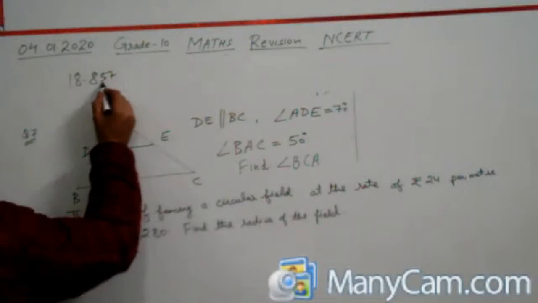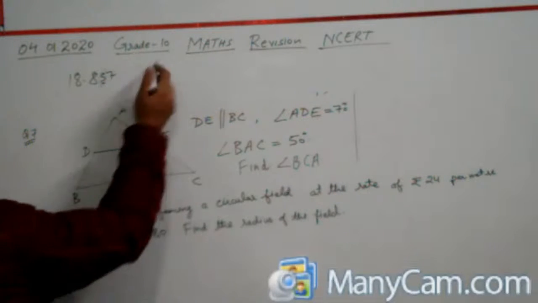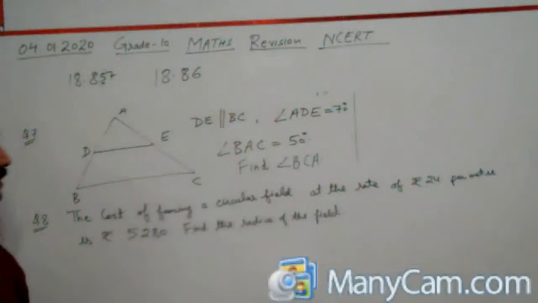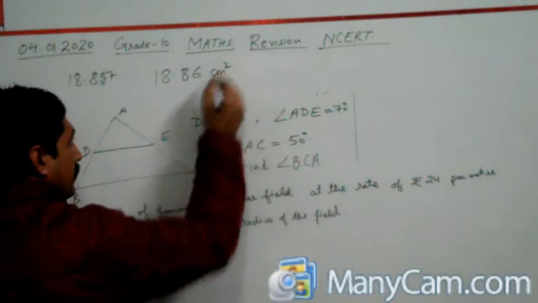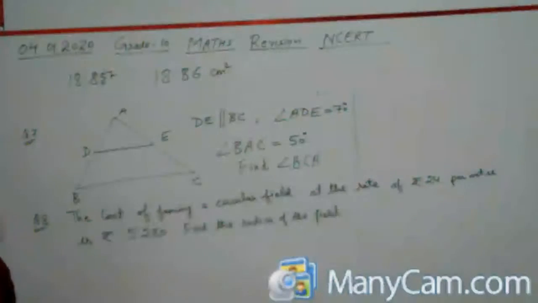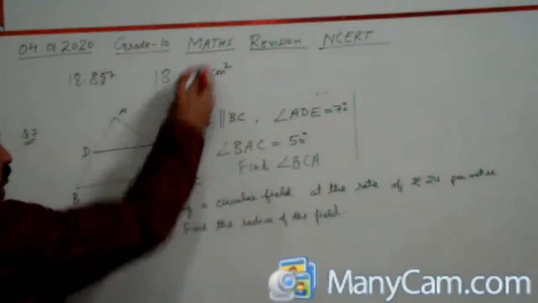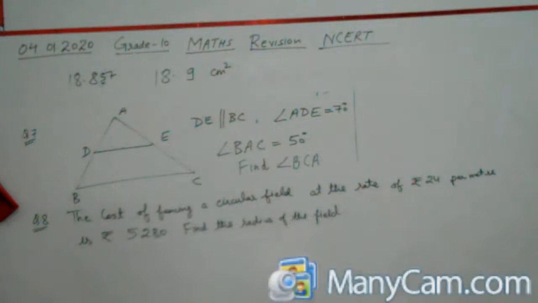When we round it off, this number can be written as 8.86 centimeter square, or even one more decimal place, because in centimeter it is more accurate to write 18.9 centimeter square, right?